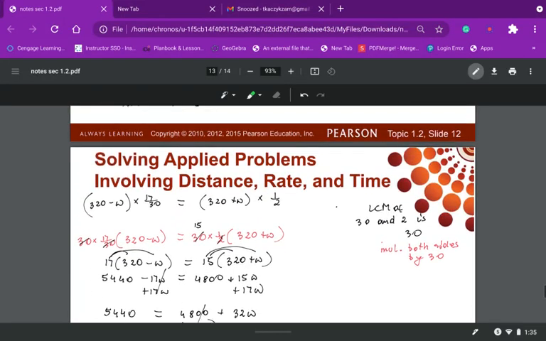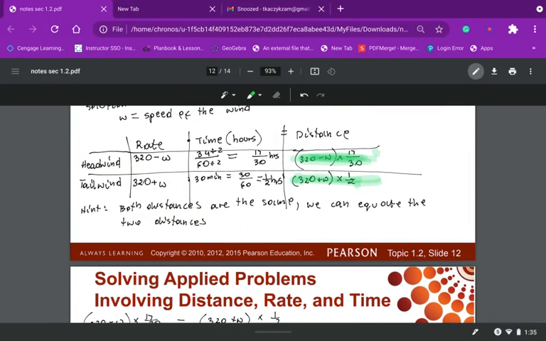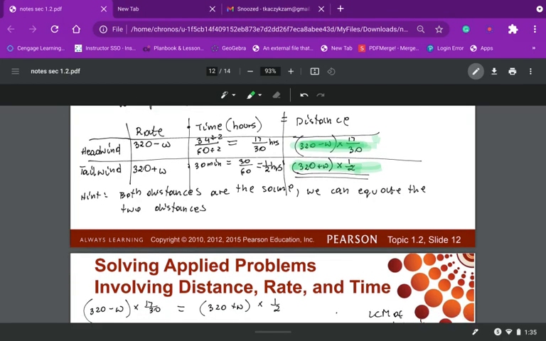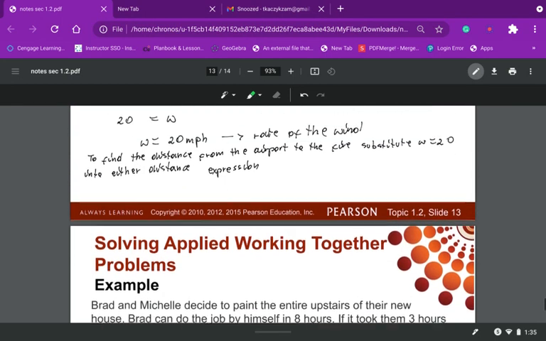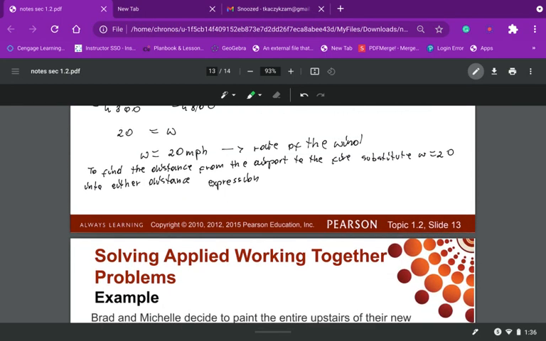So what I'm going to do, I'm going to just select this one because it's just 1/2. It's easier to multiply by 1/2. So 320 plus W. Sorry. So I select second equation. So that's that second expression. 320 plus W. So that's the distance flying back from the fire to the airport times 1/2.